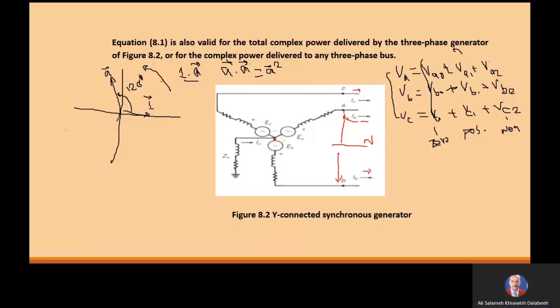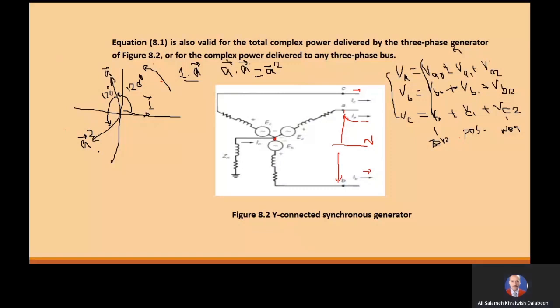Then we have here A squared, which means that A rotates anti-clockwise by 120 degrees.